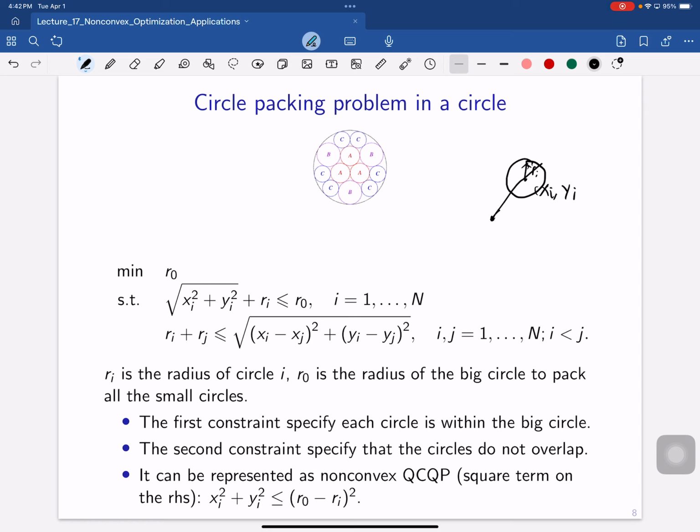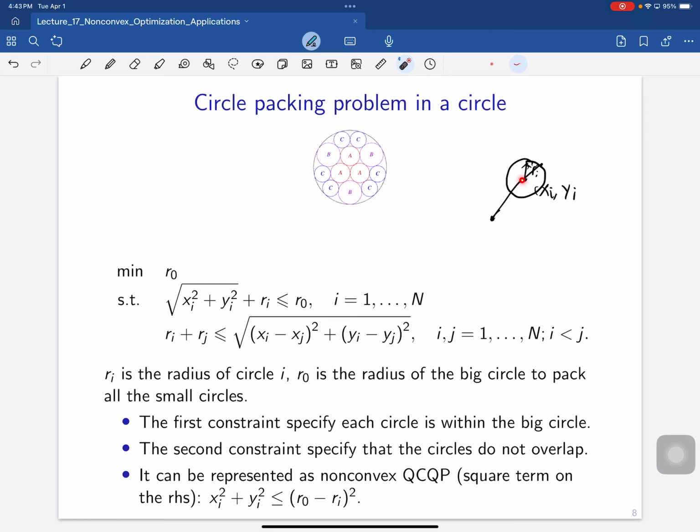If you connect this, the coordinate plus the direction of the radius should be less than or equal to the radius of the big circle. Basically, the Euclidean distance from the center of the small circle to the origin is the square root of x_i squared plus y_i squared, and everything of the small circle should be within the big circle.